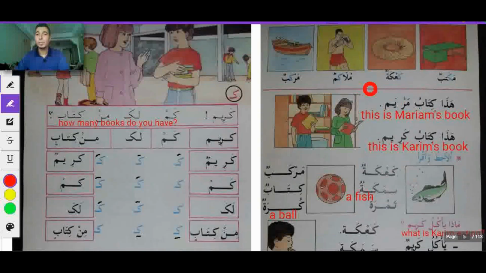So now when we say هذا كتاب مريم, we've already seen هذا and هذه.